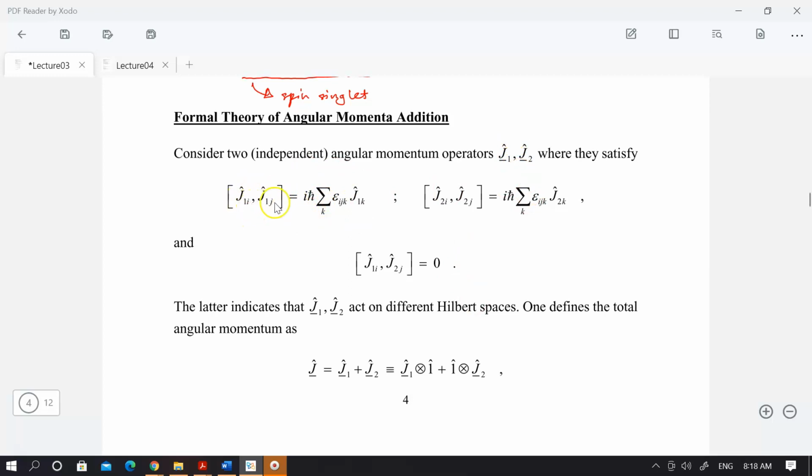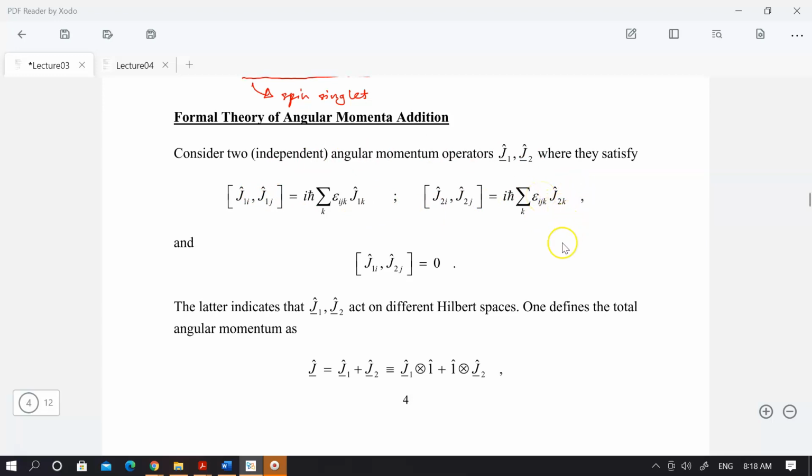So J1i, J1j will have the commutation relation given by this, and similarly for your J2. There are three operators here, three operators here. Individually, they behave like angular momentum operators from the commutation relation.